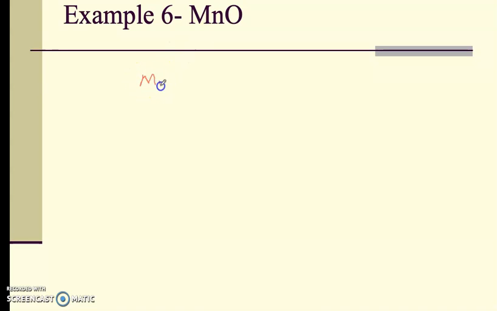So it's Mn, O. Now, in this case, we uncriss-cross, but there's ones there. So this one goes there, and this one goes there. Perfect. So this gets a 1, and this gets a 1. Then we apply the signs. 1 plus, 1 minus.